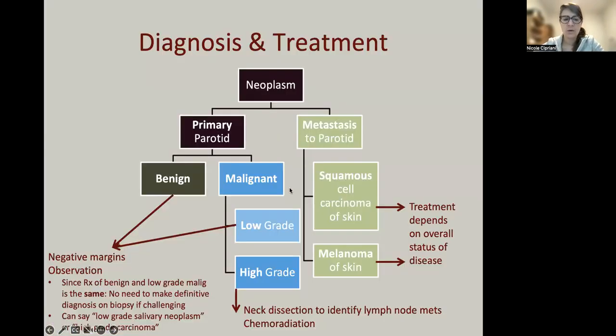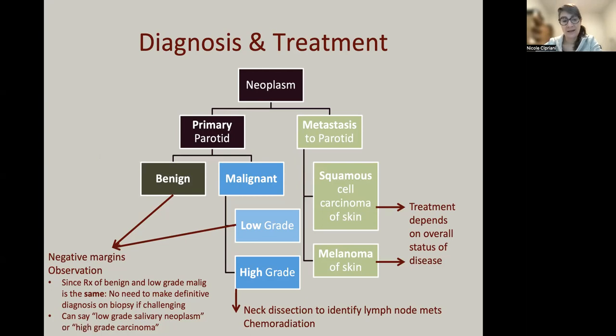Because when you're dealing with a primary parotid lesion, generally the treatment for benign and low-grade carcinoma is essentially the same, meaning surgical resection with negative margins and observation. So if you see us hedging on FNA or on core biopsy, which is less common, that's because we understand that generally the patients are going to get the same treatment.